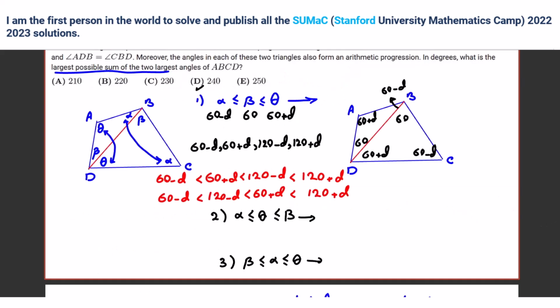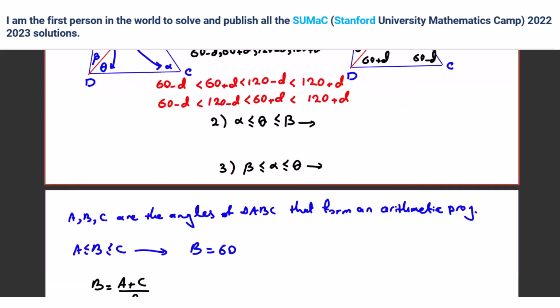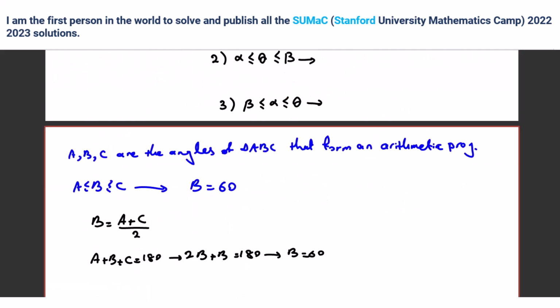Yes, form an arithmetic progression. Then I just need to find what d equals to find the right angles and then add them up. Exactly. And so it's a progression of plus 2d, plus 2d, plus 2d. And I don't think there's any case where 60 plus d would be greater than 120 minus d.